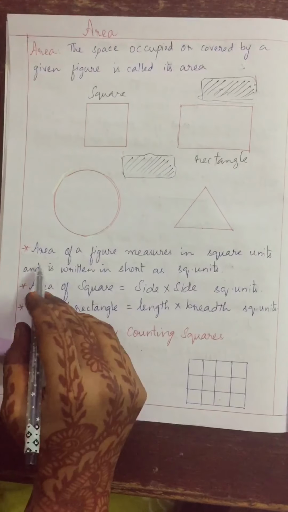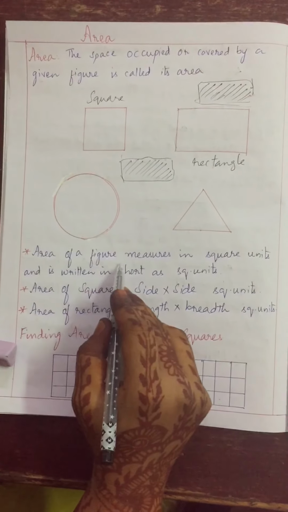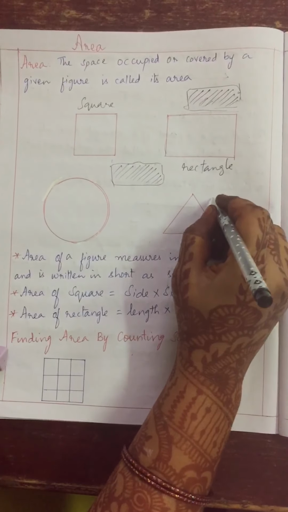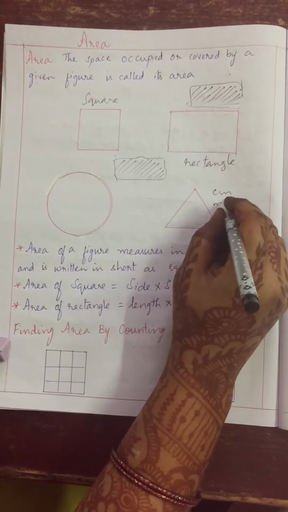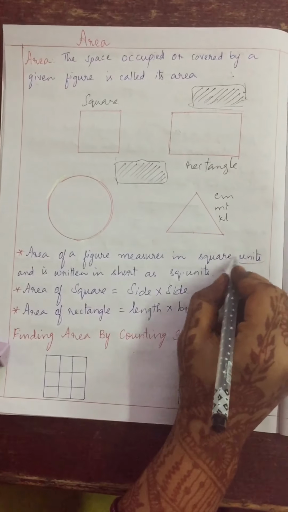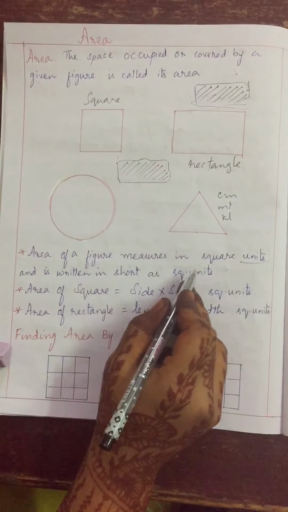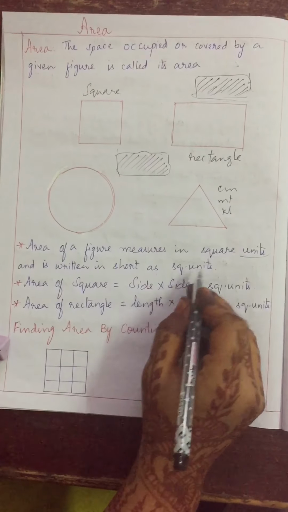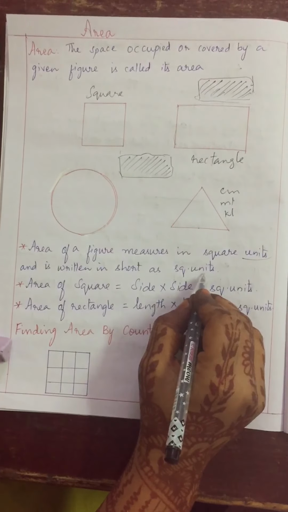Clear children? Now the next point is that the area of a figure is measured in square units. Units are nothing but centimeter, meter, kilometer, millimeter, whatever we say, that is nothing but a unit. So area we always measure in square units, or shortly we can write sq units.